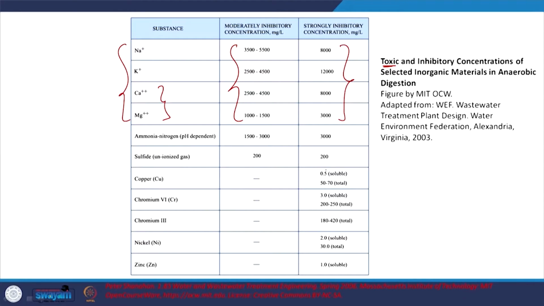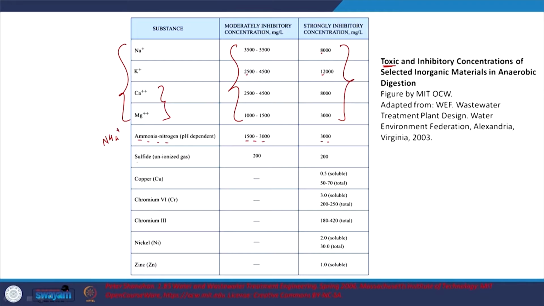And as you can see, they can be strongly inhibitory at 8 gram per liter or 12 gram per liter, that is pretty high, but as you can see moderately inhibitory even at 2.5 gram per liter or in that range. And ammonia nitrogen, you do not want too much of that, right.